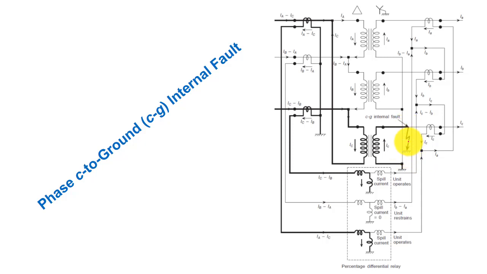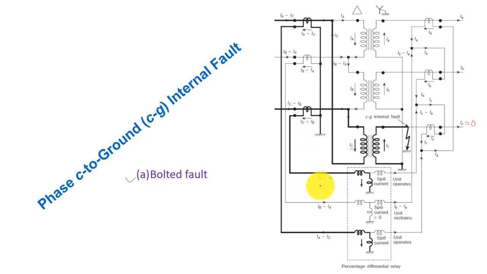If the internal fault happens here, a metallic fault, let us say a bolted fault, then for a bolted fault your IC will become 0, right? Now what will happen? Because this will be reflected here in the primary side, and here in the CT the current will be IC minus IB.